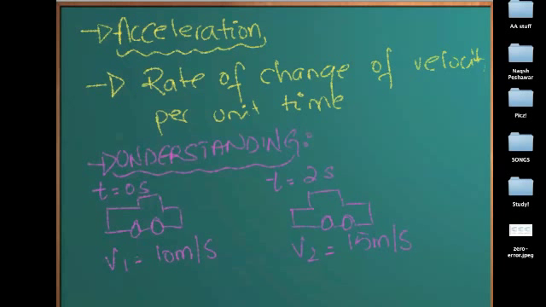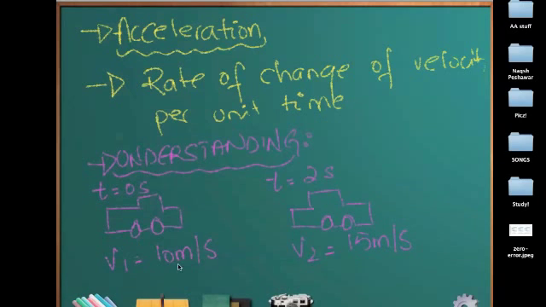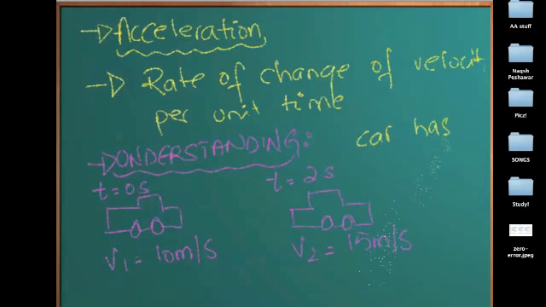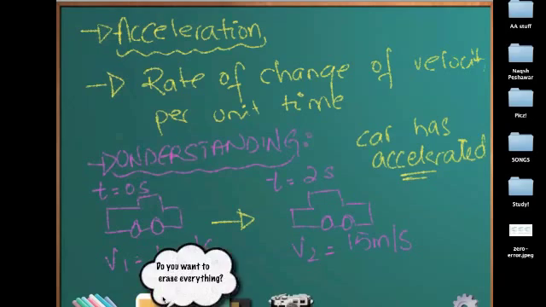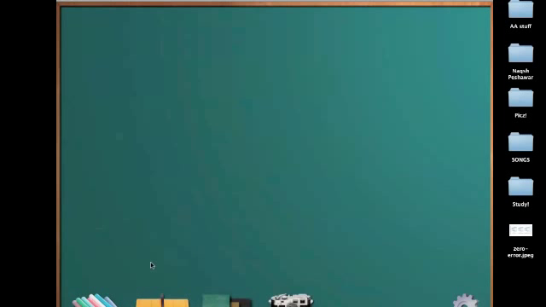So we can safely say that since there is a change in velocity in some time, the car has accelerated. Although it's moving in a straight line, there's a change in velocity per unit time, so there is some acceleration. Okay, let's first clear our concepts on acceleration, and then we'll come to the numerical part.